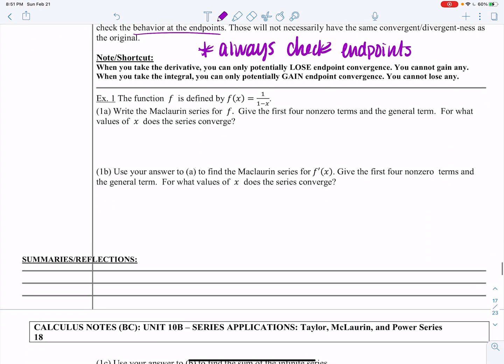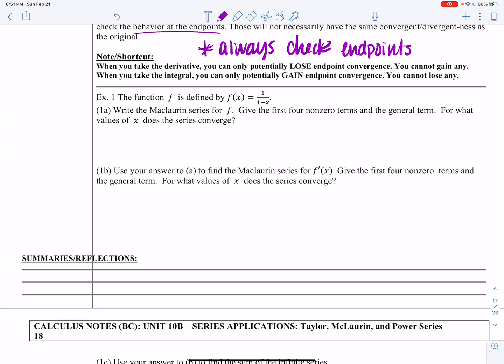Okay? So let f of x be 1 over 1 minus x. Write the Maclaurin series for f. Maclaurin means we're centered at 0. Because this is rational, let's treat this as a over 1 minus r.